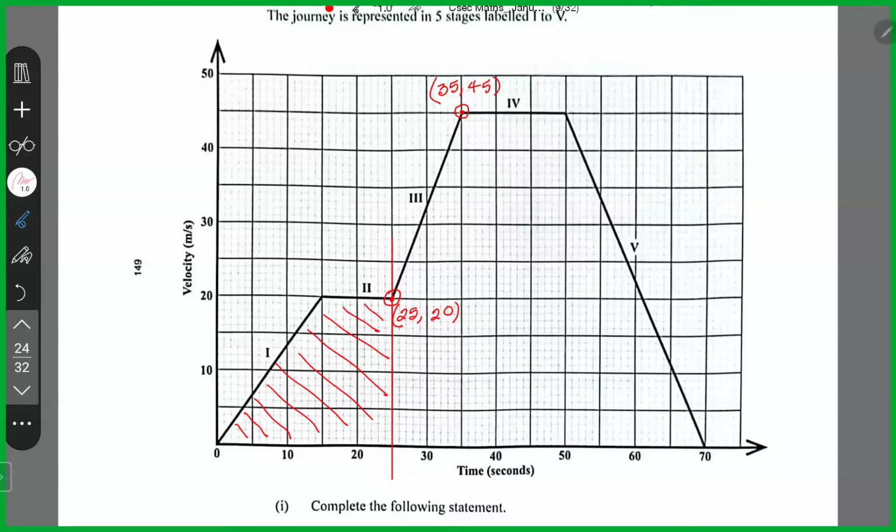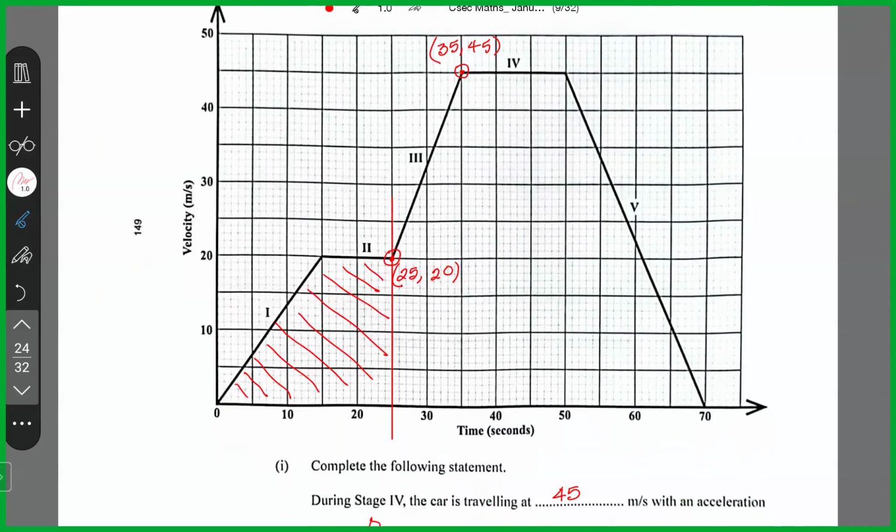The shape is a trapezium. So up top is 10. Down here is 25. And the height over here is 20. So this is A, this is B, and this is H.